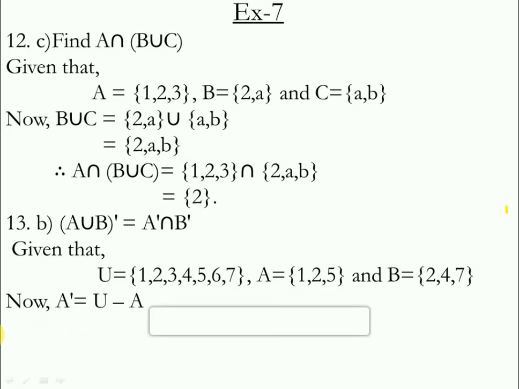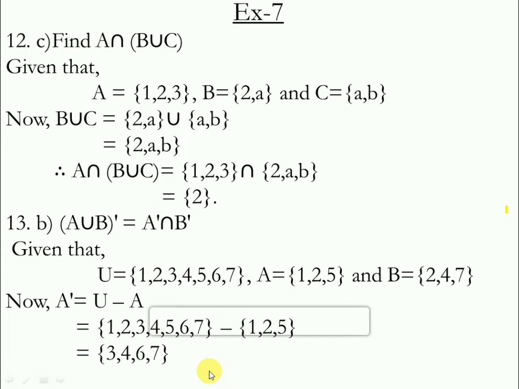We know U is 1 up to 7 and A is 1 to 5. So if we exclude from U these 1, 2 and 5, what remains? 3, 4, 6, 7. So that should be A complementary. Here it is {3, 4, 6, 7}.